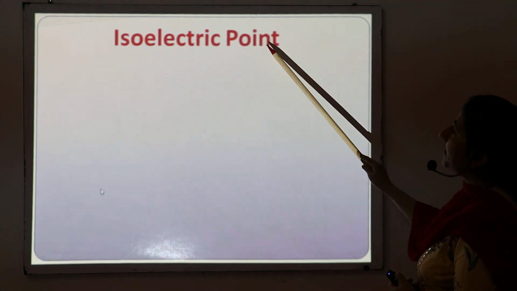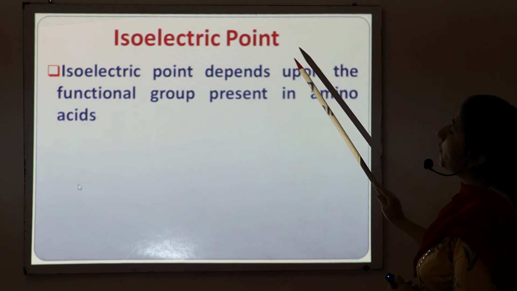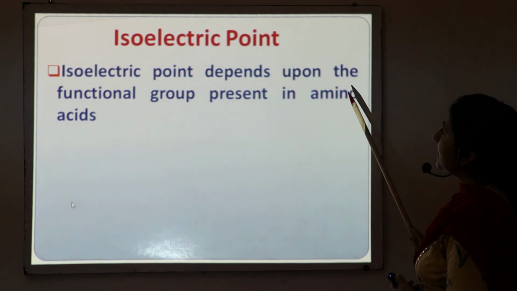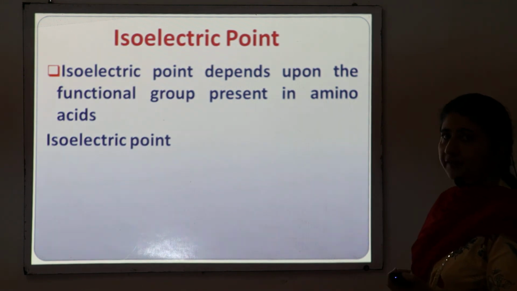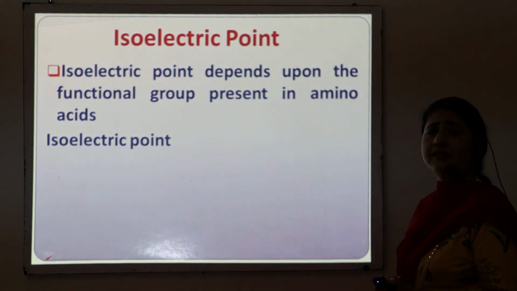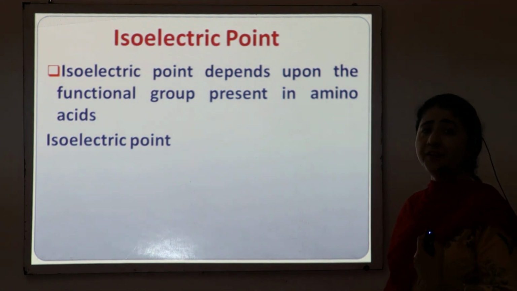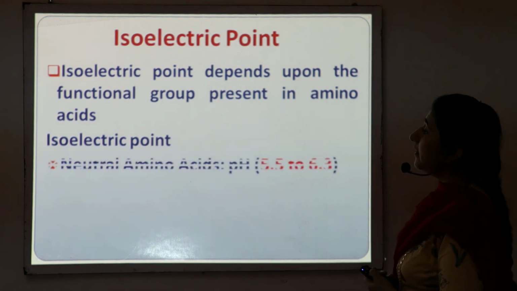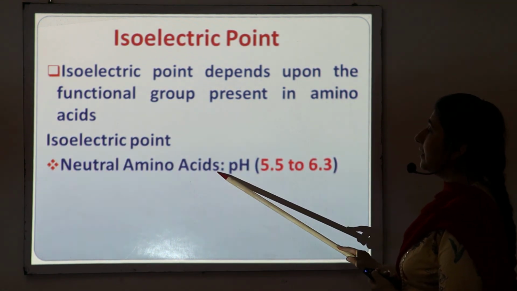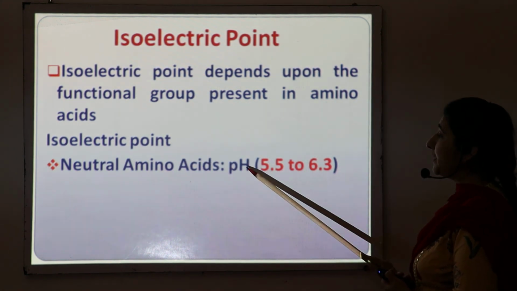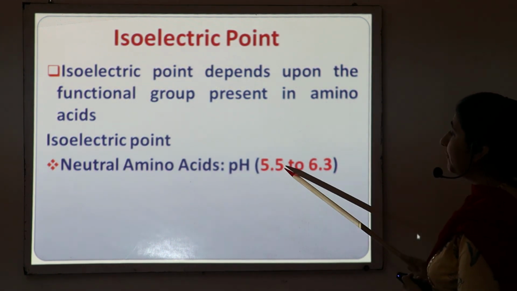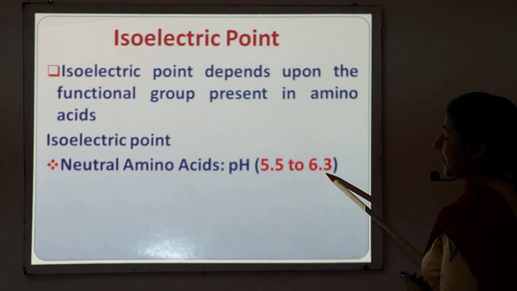The isoelectric point depends upon the functional groups present in an amino acid. So we have different isoelectric points for acidic amino acids, basic amino acids and neutral amino acids. For neutral amino acids, the isoelectric point lies in the pH range from 5.5 to 6.3.